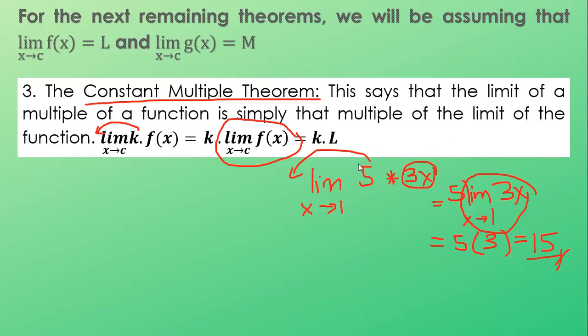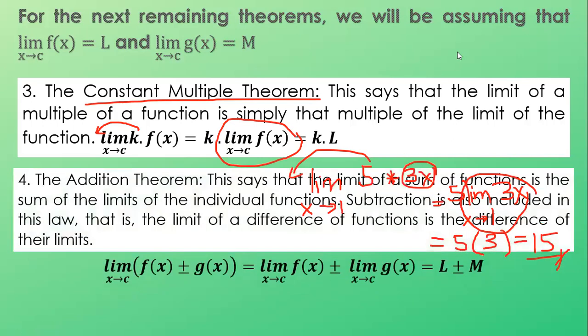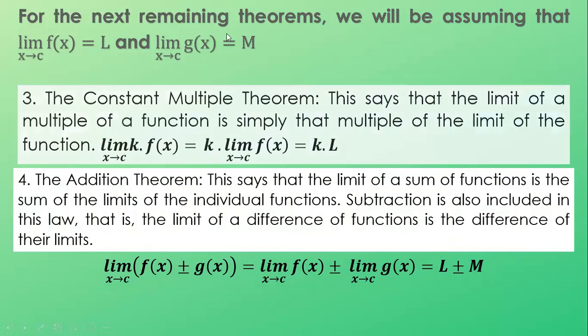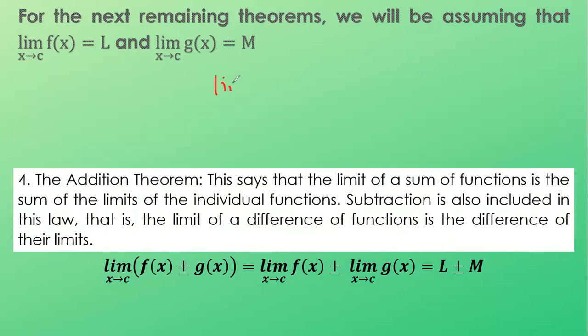Again, nafa-factor out lang si constant. So next, the addition theorem. For this, we will have two separate functions. Okay, for example, we are evaluating the limit of 5x plus 3x as x approaches 1. Alright, so magkaibang function to. For example, ito si f of x.